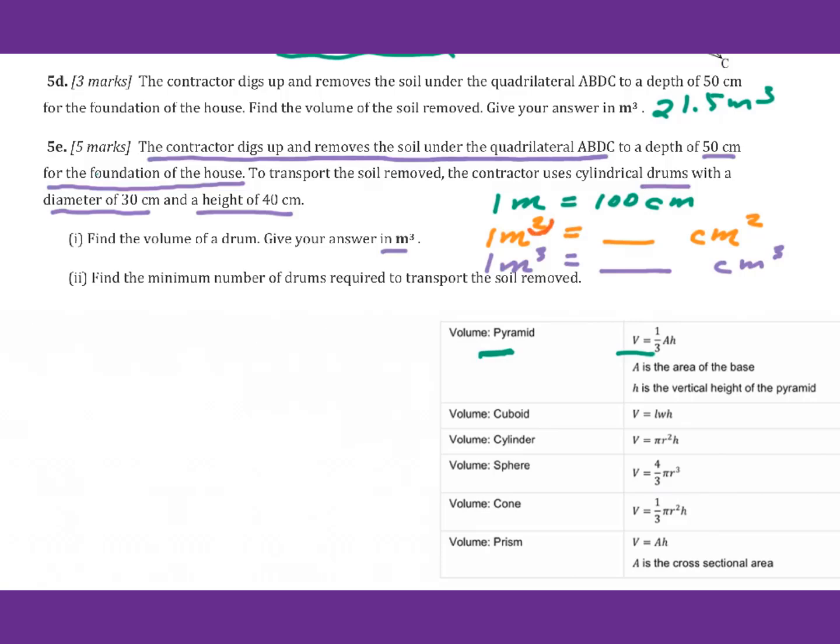Remember, when you do square, you have to do this number squared. So we do 100 squared here. When you do cube here, you have to do 100 cubed.